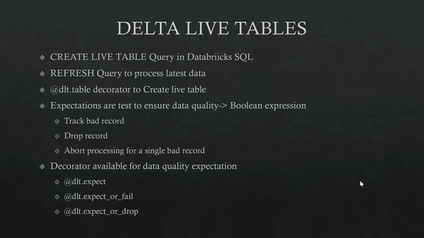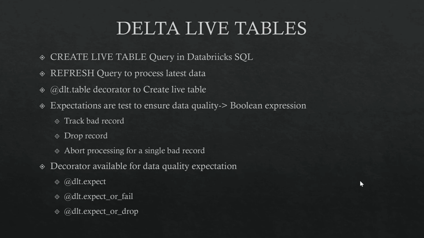And expectations are also present. The constraints are expectations so that you don't get any bad records. You can track your bad records. If you are getting any bad record, then you can drop those records or you can abort the processing for a single bad record.